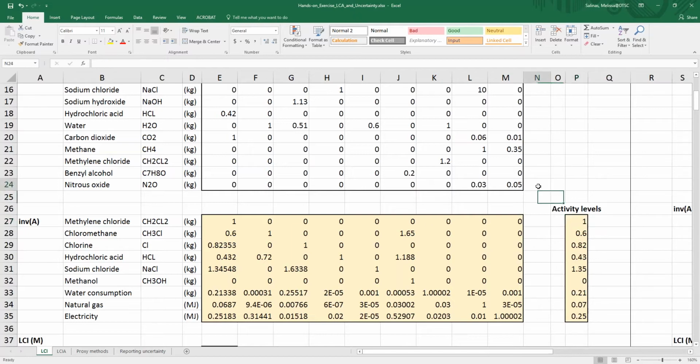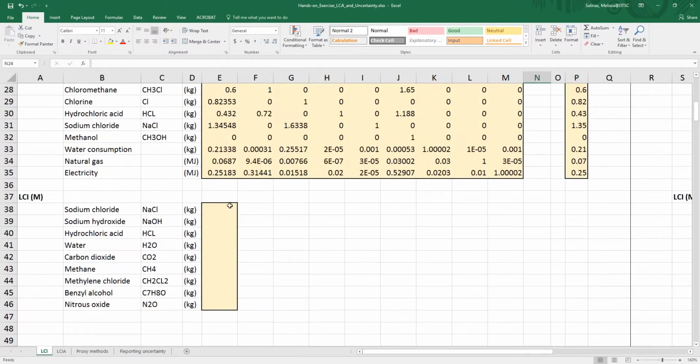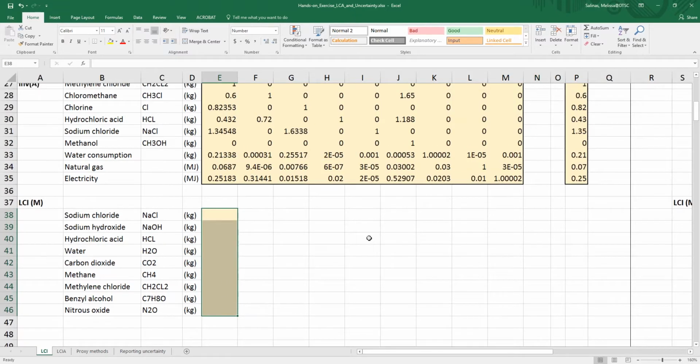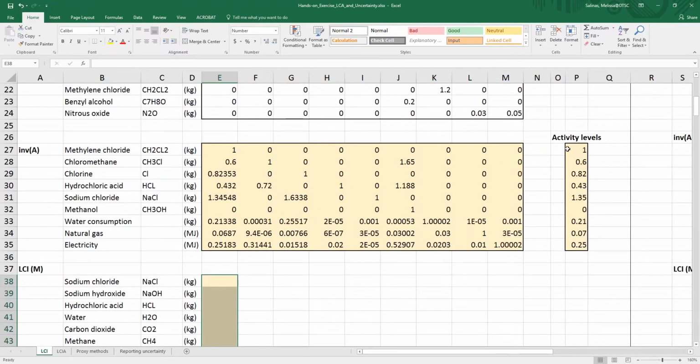Great question. Now, our next step is to calculate your first ever lifecycle inventory. Lifecycle inventory is the total amount of elementary flows coming in and out of your system throughout its life cycle. What we do is very simple. We know how much of the chemicals need to be produced throughout the upstream of methylene chloride, and we know the environmental emissions or elementary flows needed for producing one kilogram of each.